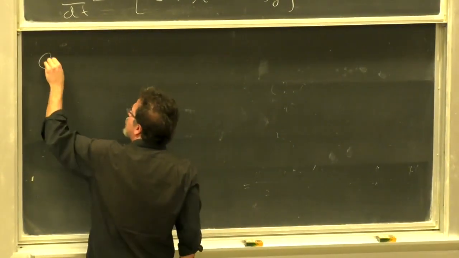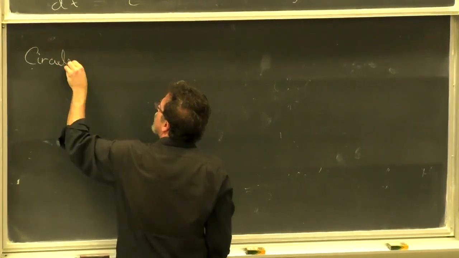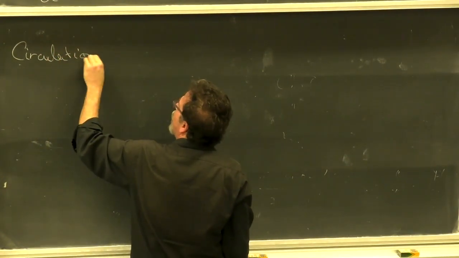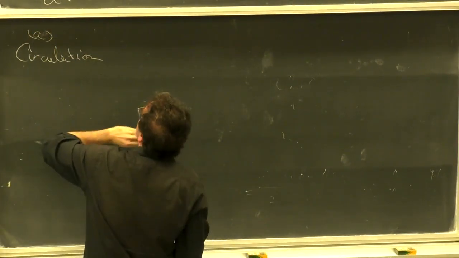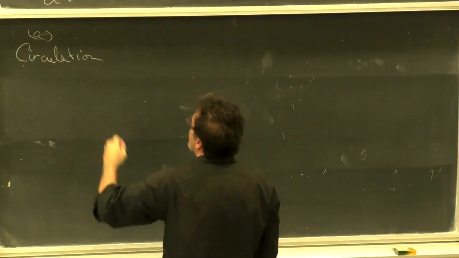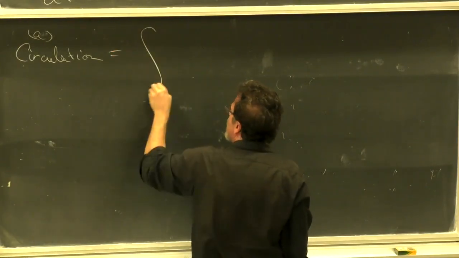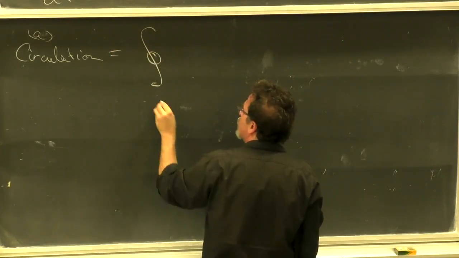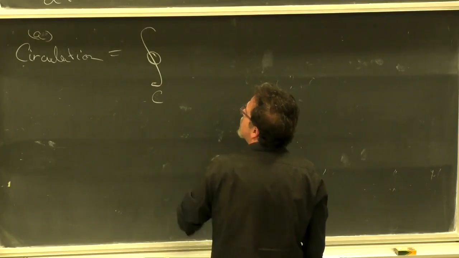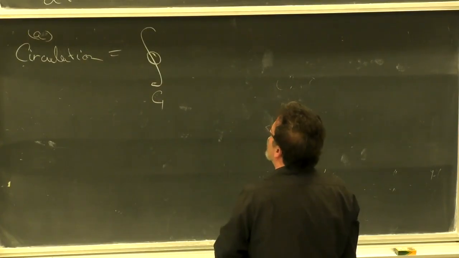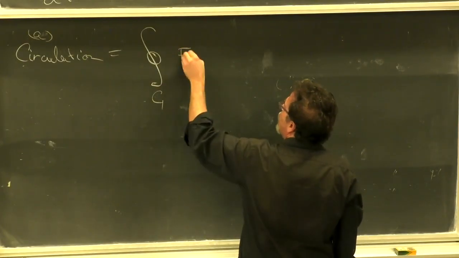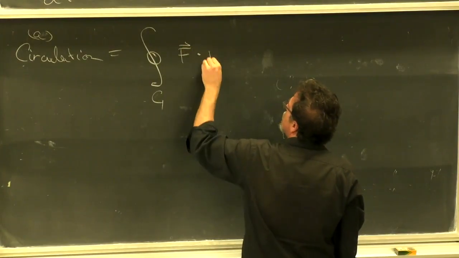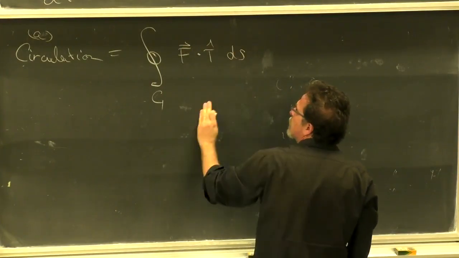So the circulation in part A, again I'm doing part A, which is the rotating vector field, is equal to the integral, and always write this out, the integral around the closed curve C1, and I'm dealing with C1, of F dot T hat ds. That's the formal definition.